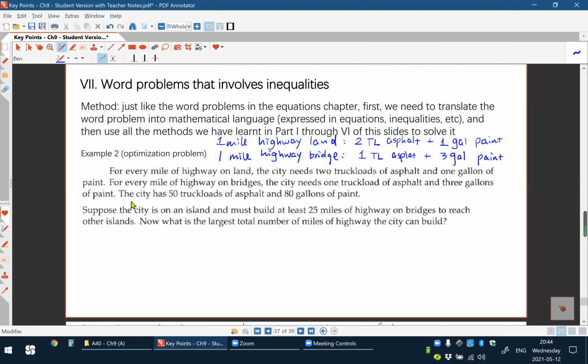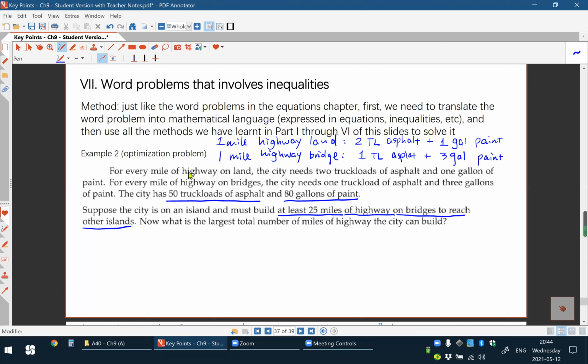And we also know that in total, the city has 50 truckloads of asphalt and 80 gallons of paint. The question is, suppose the city is on an island and must build at least 25 miles of highway on bridges to reach other islands. Now, what is the largest total number of miles of highway the city can build?